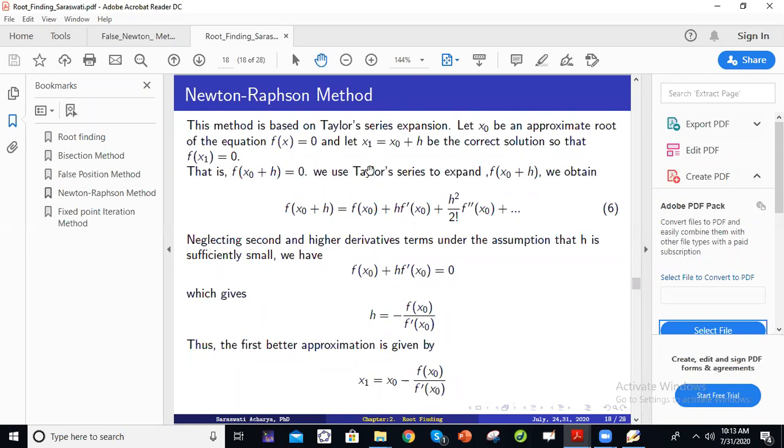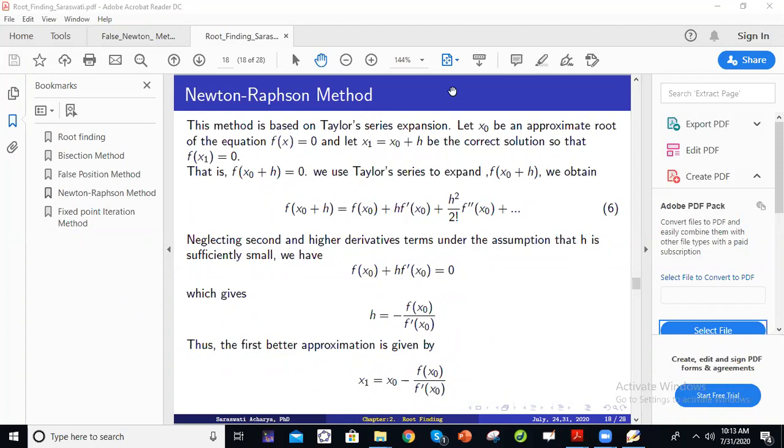We use Taylor series expansion for a function of single variable. What is our variable? x0 plus h, like x0, some increment from x0. Okay, f of x0 plus h. How to expand?